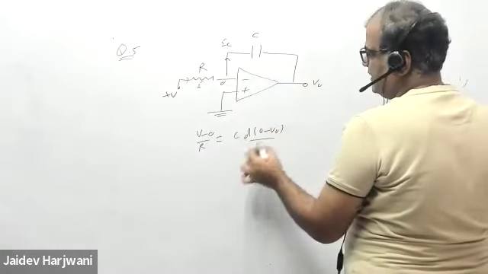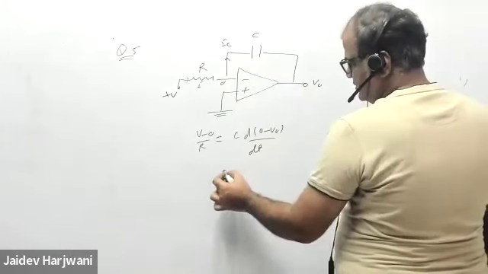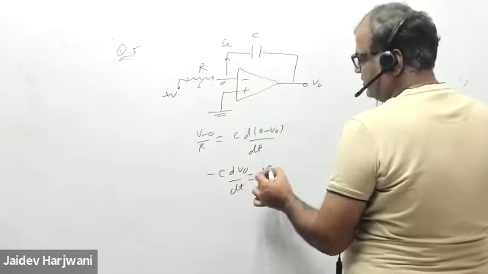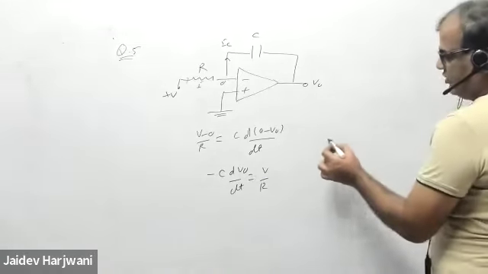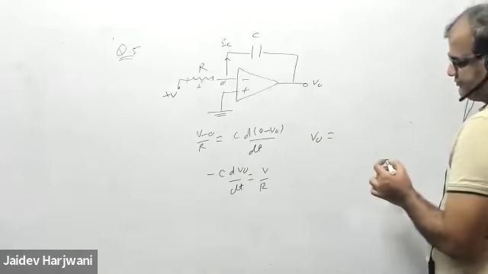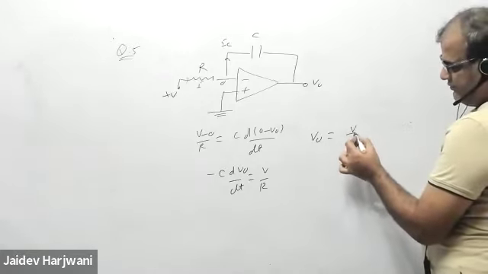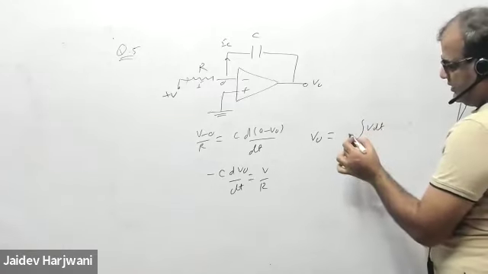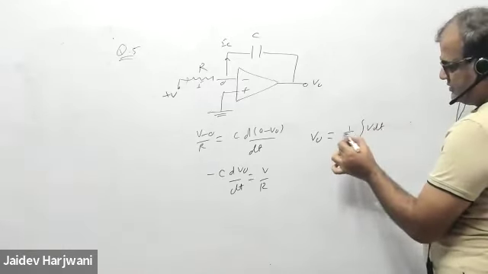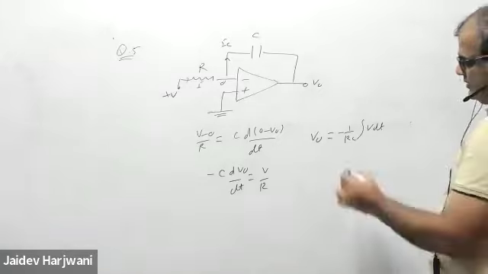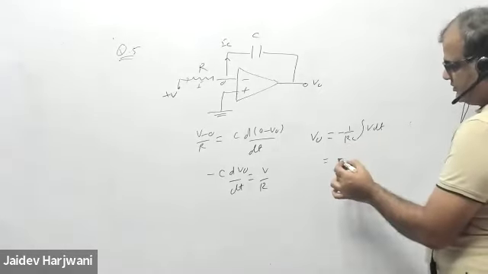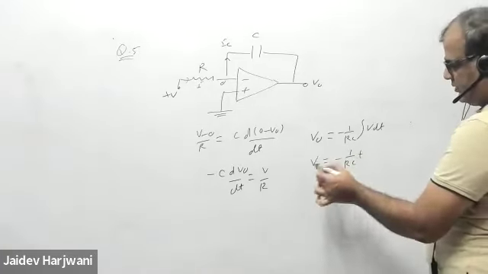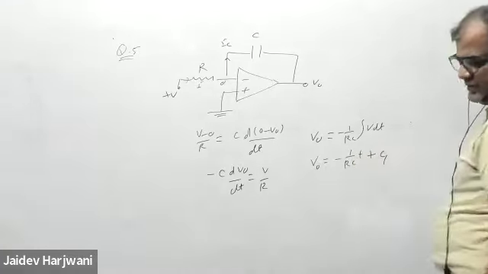So C times minus dV naught upon dt equals V by R. So what is V naught? V naught is the integration of V dt times 1 upon RC, with a minus. And now V is constant, so this will come as minus V upon RC times t, and some constant C1.